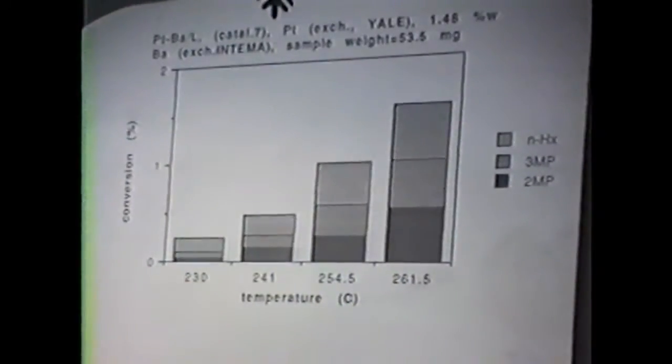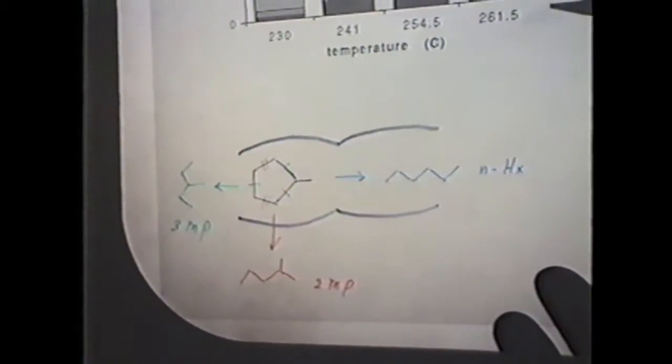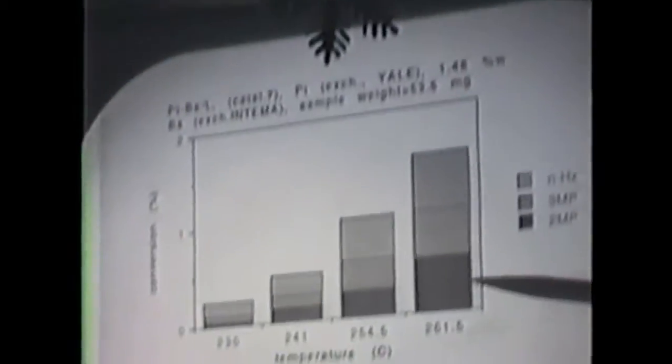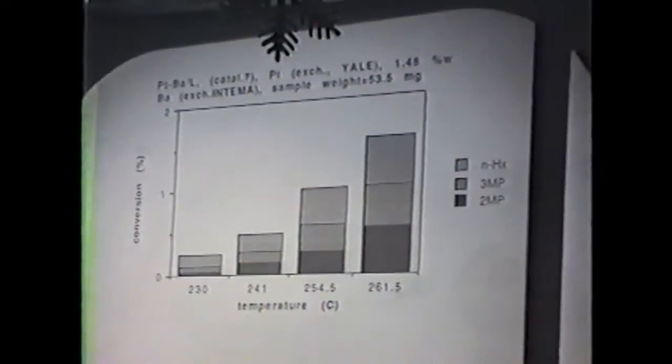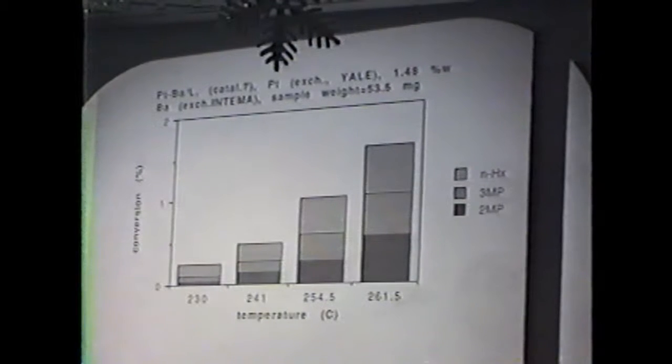When you go to the L-zeolite, you do see a shift towards the n-hexane and 3-methylpentane at the expense of 2-methylpentane. So it does seem to me that there may be some component of this geometric effect here, but I don't think it's the primary one that's involved in causing the normal hexane to benzene reaction.